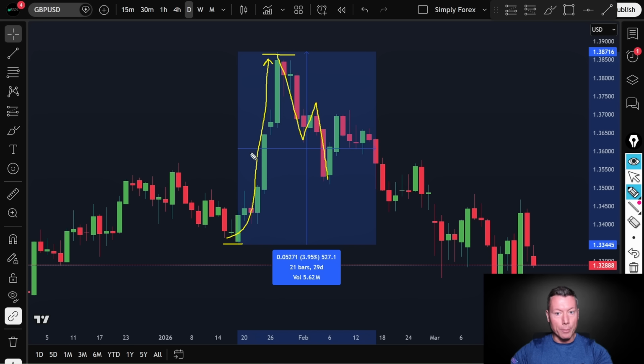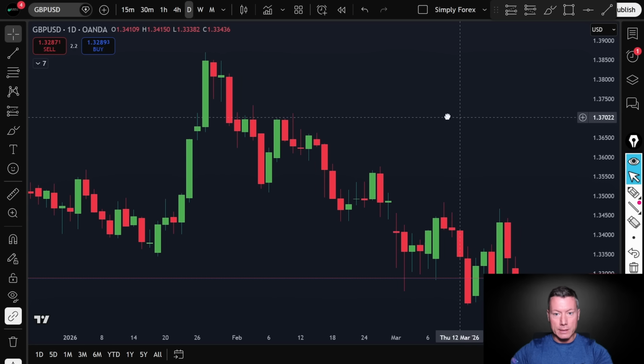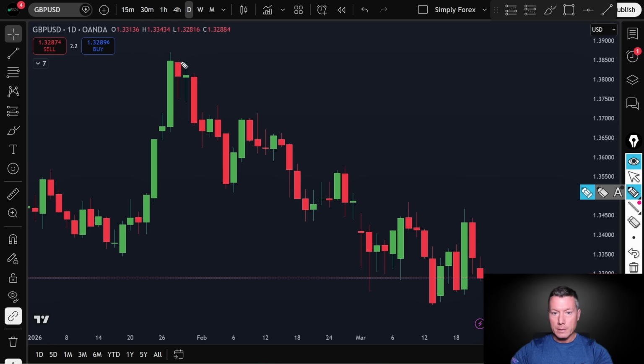So we would not be interested in that buy trade because structure has changed in here. But what we are interested in now is this downtrend. If we just follow this downtrend down, this is where we're at.